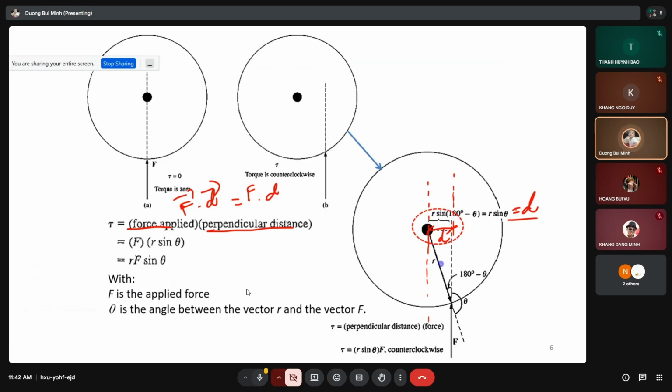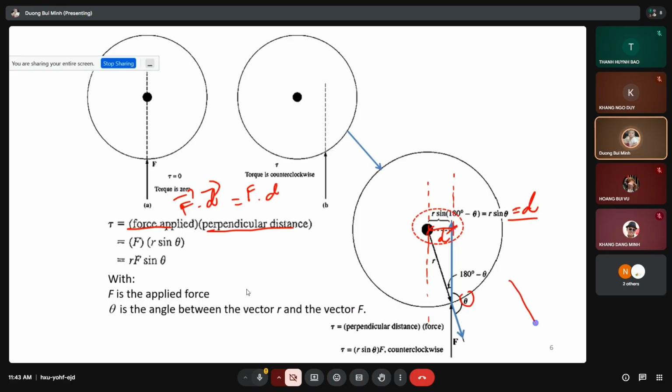And here for this, the phase angle is theta. Theta is the phase angle between r and F, right?